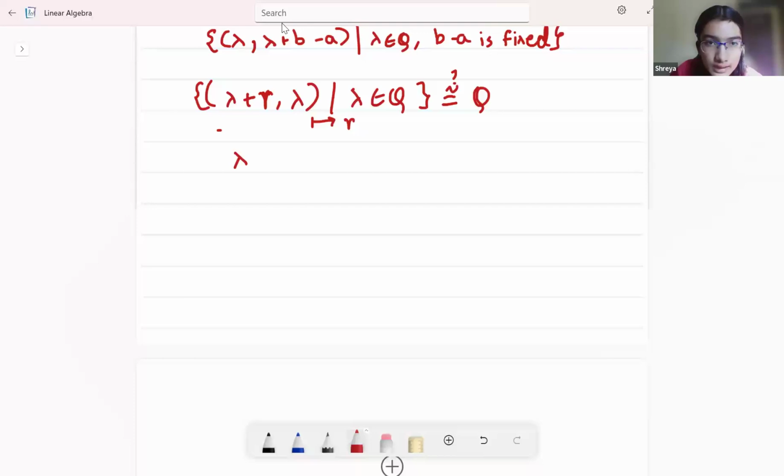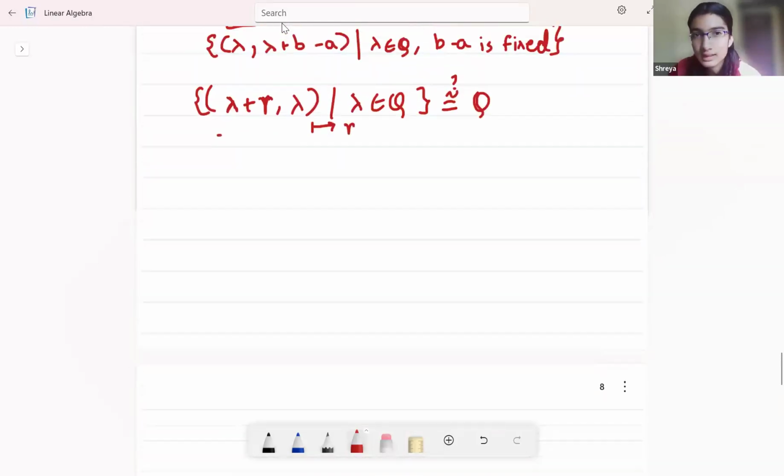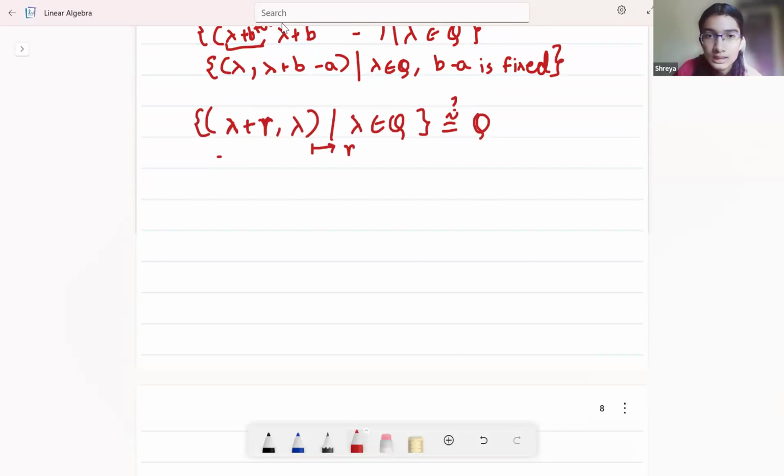If you want to add lambda plus r, lambda, and lambda plus k, lambda, then the lambdas will sort of cancel and they will just add up nicely. That is a small exercise, it's not a lot of trouble. So this is the isomorphism.